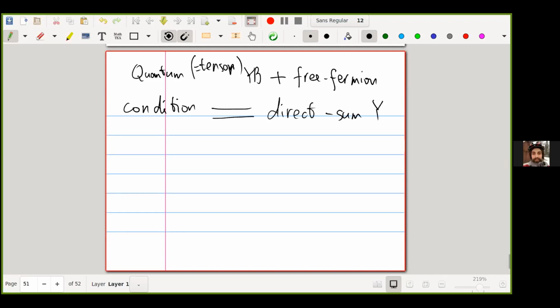So are you saying something like that the Clifford algebra of the direct sum of two vector spaces is almost a tensor product of two Clifford algebras?